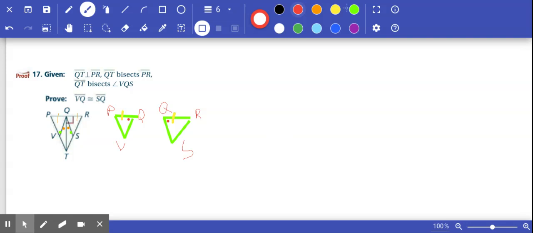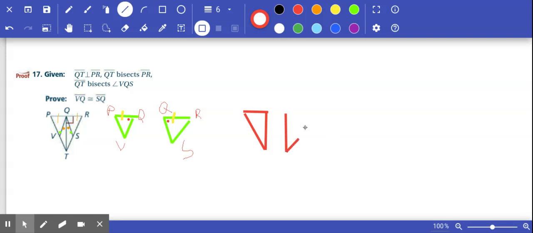So what we're going to do is we're going to look at a triangle outside of that. If we look at this triangle, PQT, I will try to draw that in my best skill set. P, Q, and T. What we see is that we could compare that to RQT.